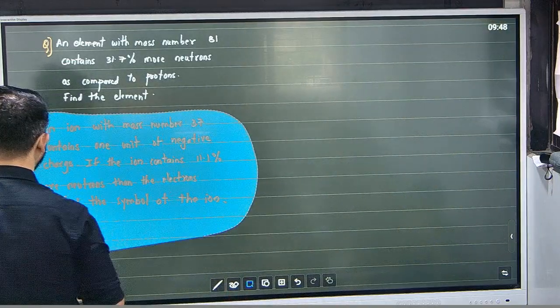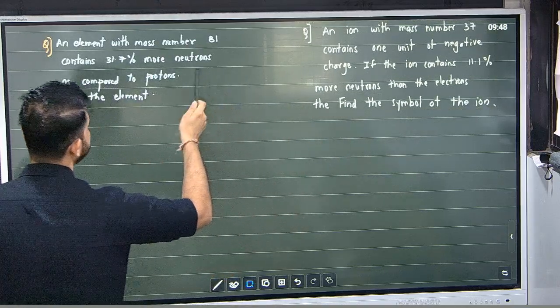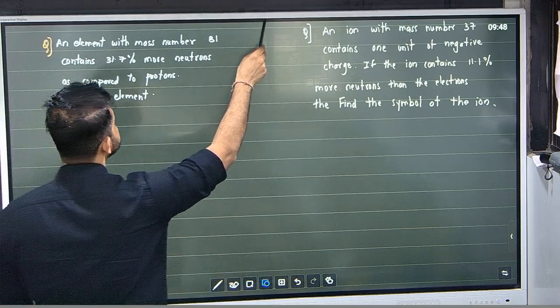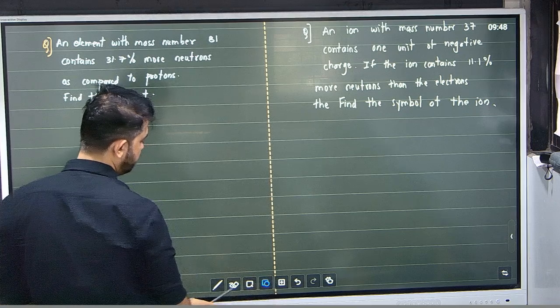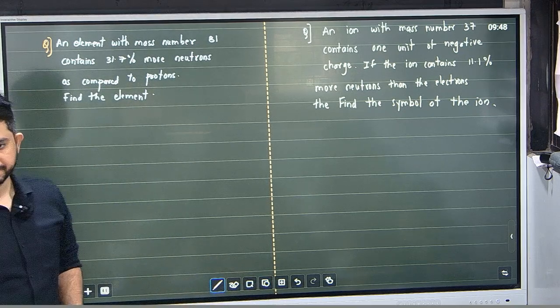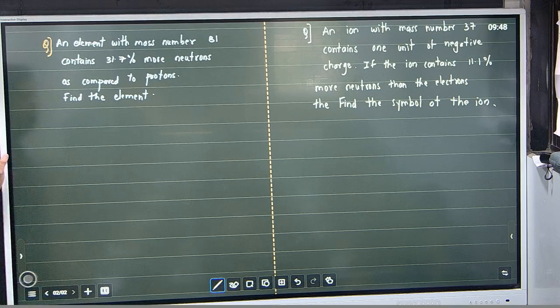Okay. So the first question that we have says an element with mass number 81 contains 31.7% more neutrons as compared to protons. Find the element.